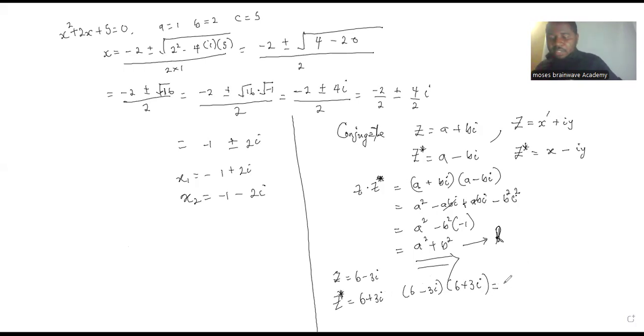I'm going to be having 6 multiplied by 6, which should be 36, right? So I have 6 multiplied by 3i, going to be having plus 18i, then minus 18i, then negative 3i multiplying 3i. This I'm going to get minus 9 i squared.